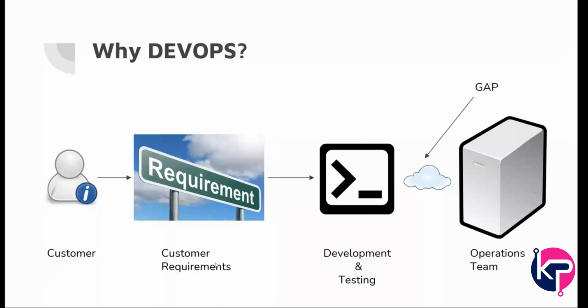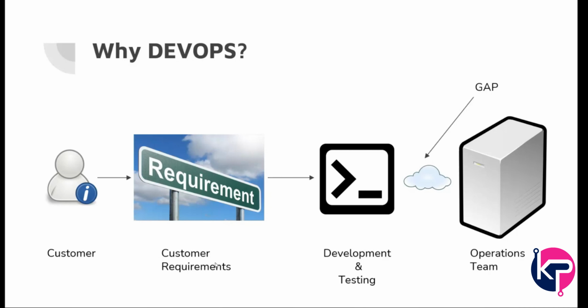Let's say they developed the application using the .NET framework, whereas the operation team needs the application to be deployed in .NET Core. By default, whatever both teams build individually does not meet. So the gap will be there. That gap is nothing but DevOps.